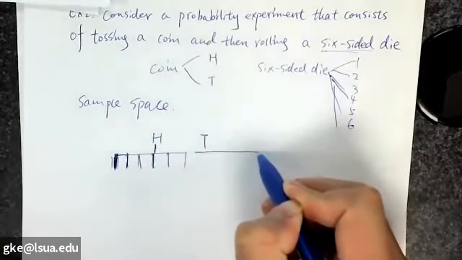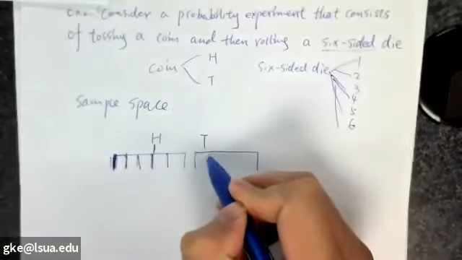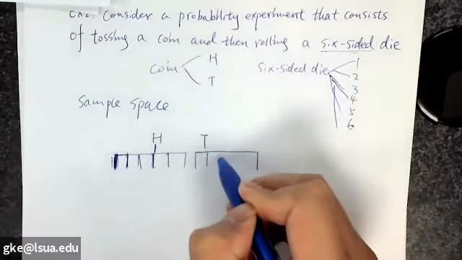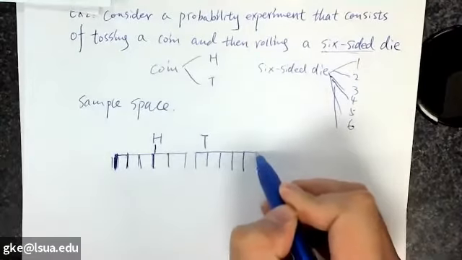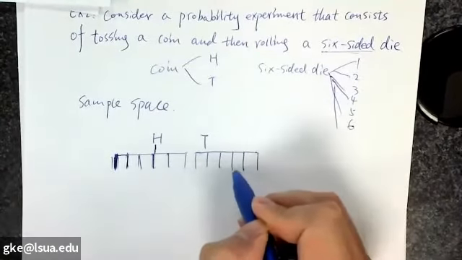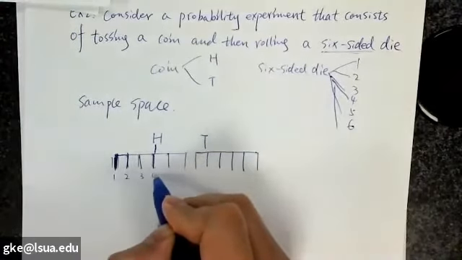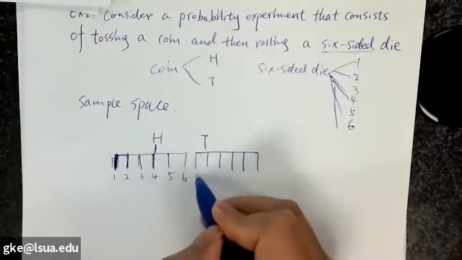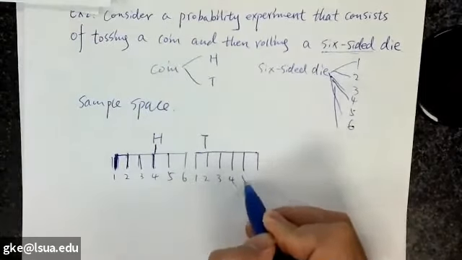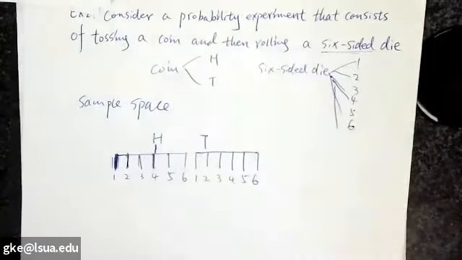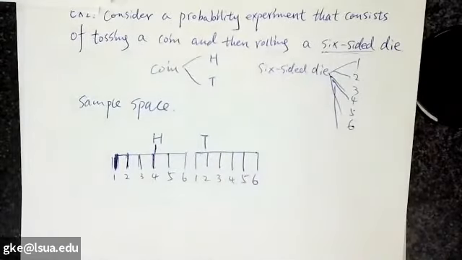And for T, we have 6 scenarios: 1, 2, 3, 4, 5, 6. Okay, we finished the diagram, right?